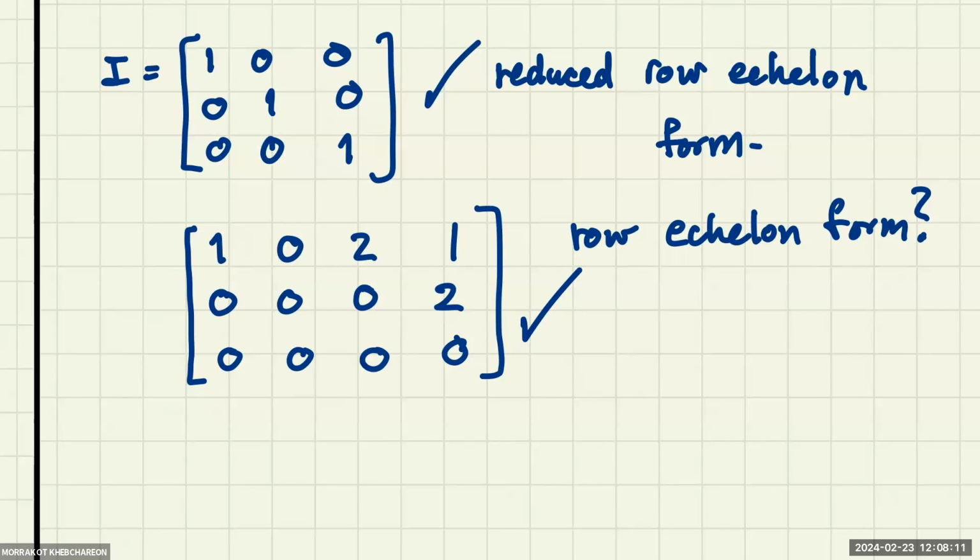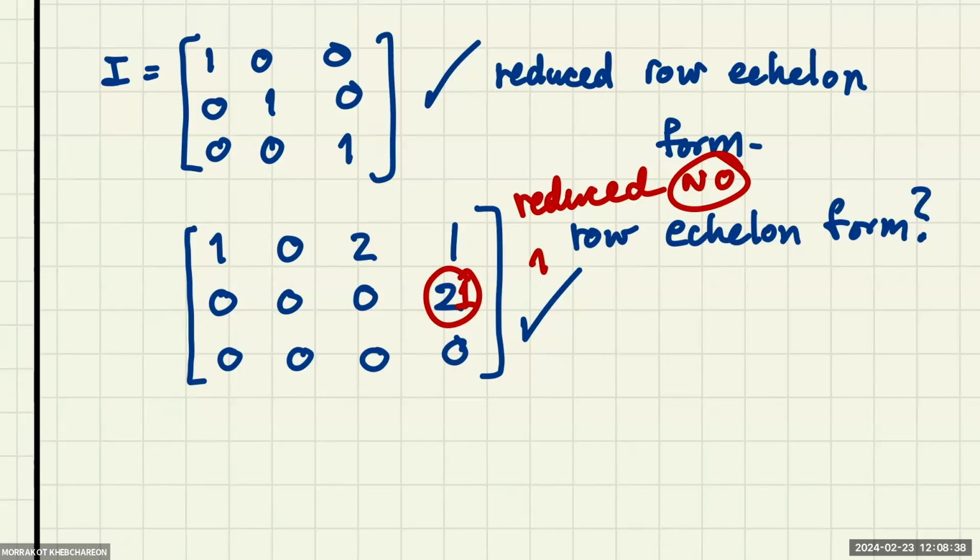But if I say this is reduced row echelon form, the answer is no, right? Because this is 2, and it is supposed to be 1. If we use the word reduced, it means reduced to 1. Is it possible to make this reduced row echelon form? Yes, of course, you divide it by 2. Then this is what we call reduced row echelon form.